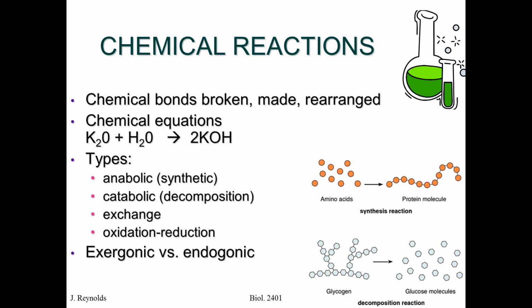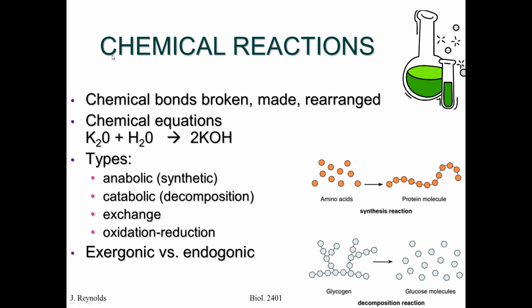And then we've got oxidation reduction reactions, which are giving away, donating, or accepting hydrogen ions and electrons, and you've seen that covered in cell respiration before. Exergonic versus endergonic. I misspelled that. It's supposed to be endergonic. Endergonic means got to have energy input.